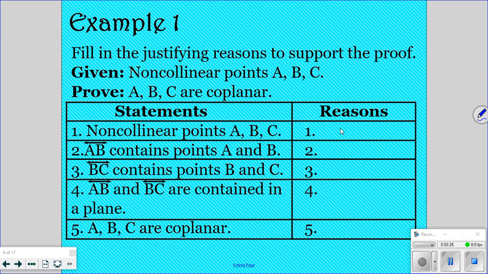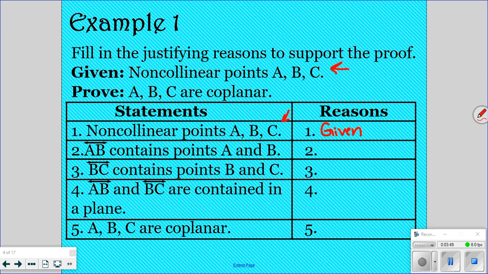So the first reason, when we were doing our algebraic proofs, what did we always start with? We always started with the given. And that's going to be your reason here. Number one, it's your given, and it's up here. And it says given is this, which is what the statement says here. So your first thing is always your given.